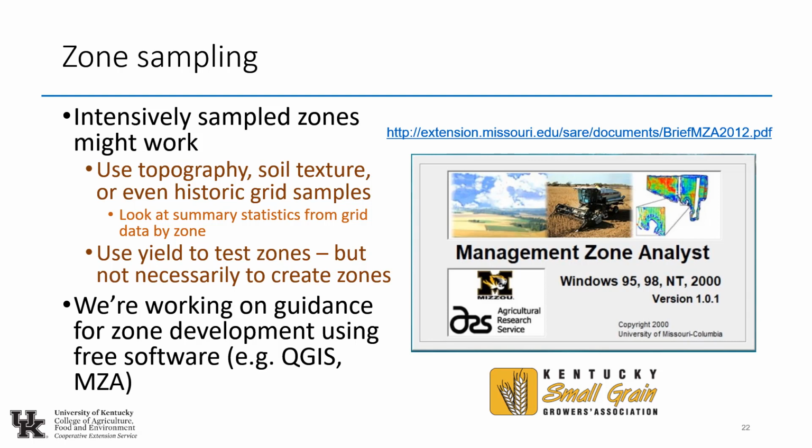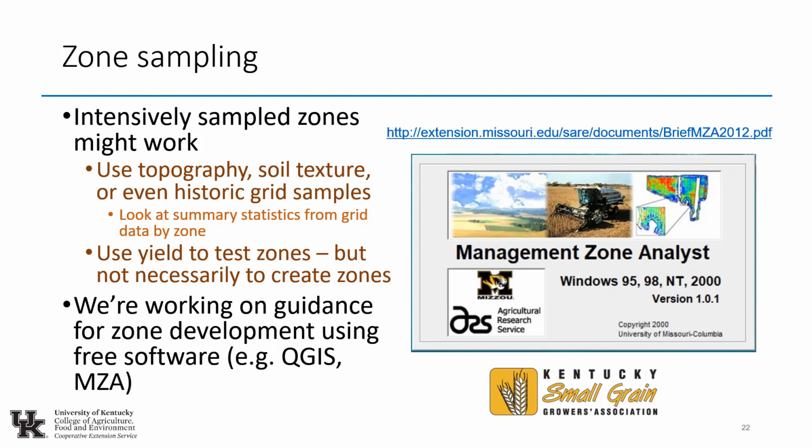I personally think that because soil map units correlate very well with topography, so slope, aspect, and elevation, and that slope and elevation combined are important because you can have a flat slope at the top of a hill and a flat slope at the bottom of the hill, but they can behave very differently. And so you might want to use topography, that soil texture from, say, your Veris map.